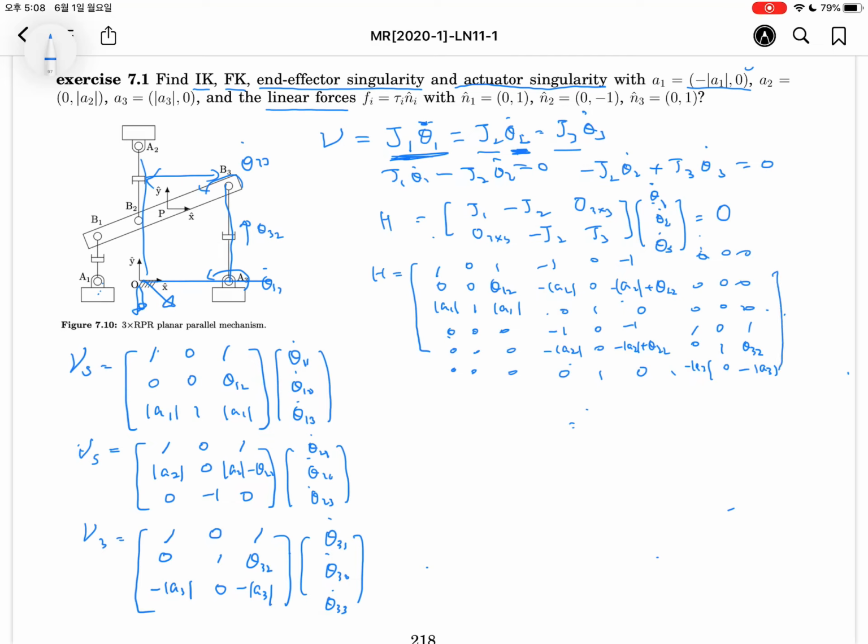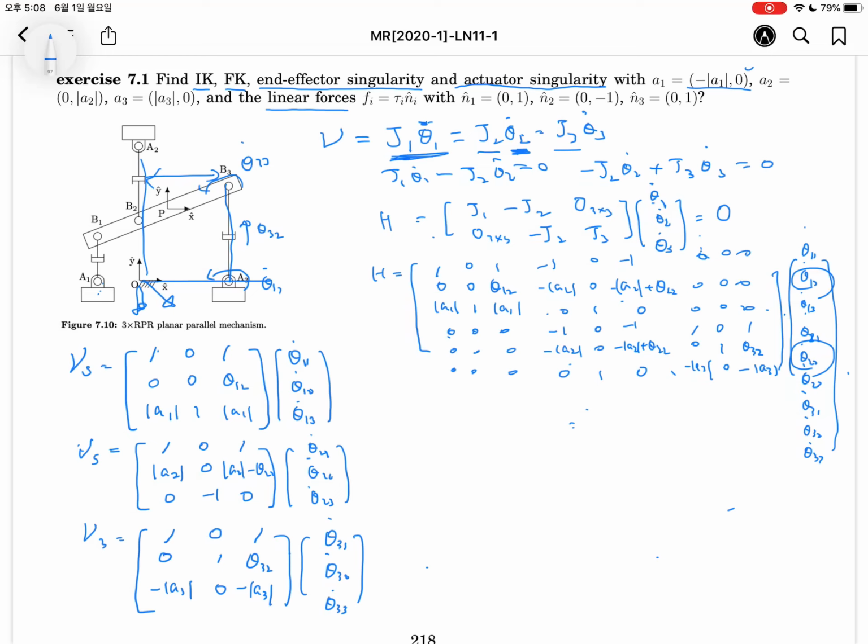Okay, like this we can find out the 6 by 9 Jacobian. The latter part will be theta 11 dot, theta 12 dot, theta 13 dot, theta 21 dot, theta 22 dot, theta 23 dot, one more theta 31 dot, theta 32 dot, theta 33 dot.